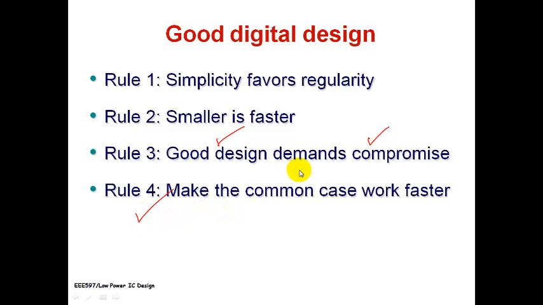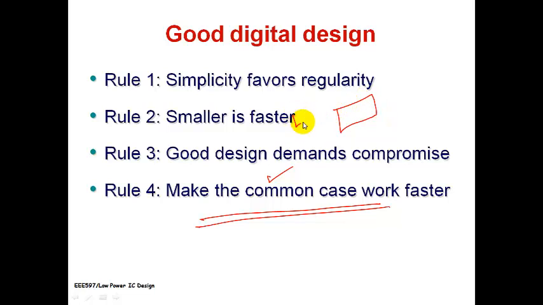Rule 4 would be make the common case work faster. Whatever is going to be important, at the heart of a system, make that work faster, and after that you have the other peripheral designs working along with the main component.